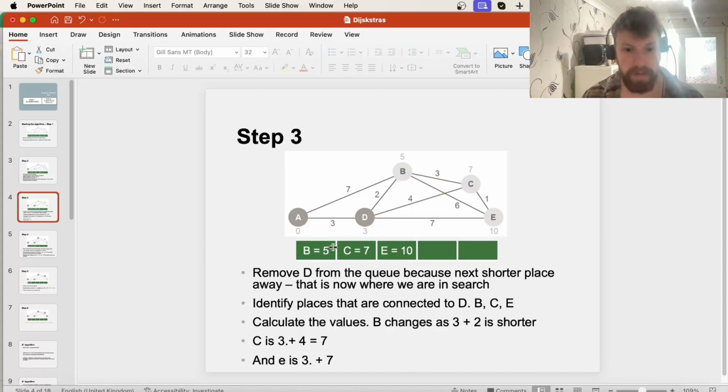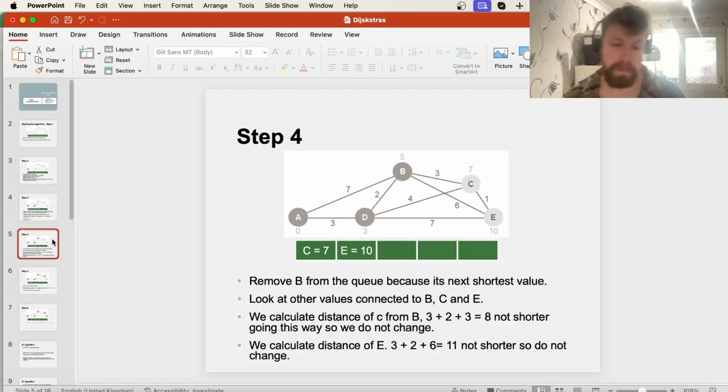Once we've done all of that, we're now going to remove B from the front of the queue, because we found the shortest distance: we tried 7 at the start, and when we went to D, we found out that it was actually a slightly shorter distance. So now we're at B, and we run some checks to see whether C and E, going through this route, are any shorter.